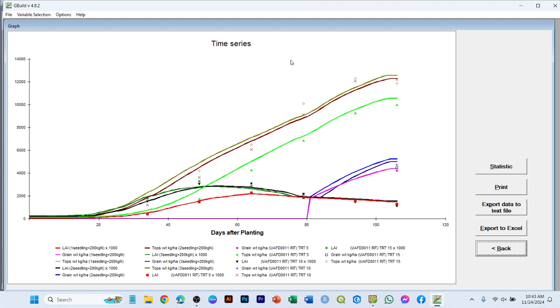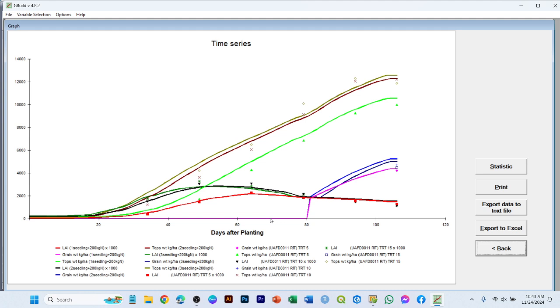Or there might be an increase in temperature during these days. This is rice, right? Yes, rice. So after 50 to 70 days, there might be an increase in temperature as well.